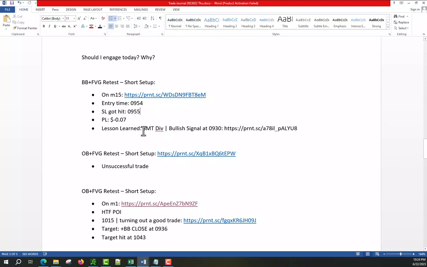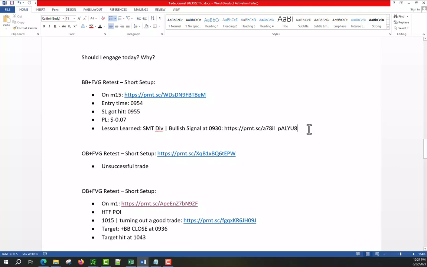And the lesson we learned is that we have to pay attention to the bullish signal, right? So we'd better go long, not go short. Our initial analysis turned out to be incorrect, right?